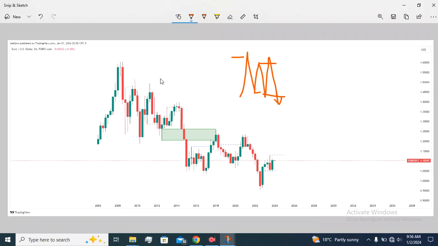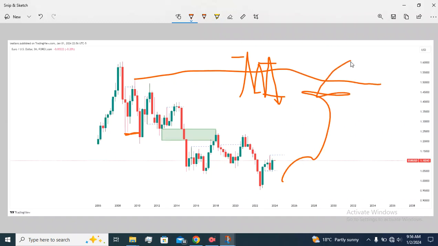And you can see the first break of structure that is very conspicuous on this leg was this guy here. So naturally, where do you expect this market to reverse from? This guy. If the market reaches this place, we expect it to sell off and target these lower lows.